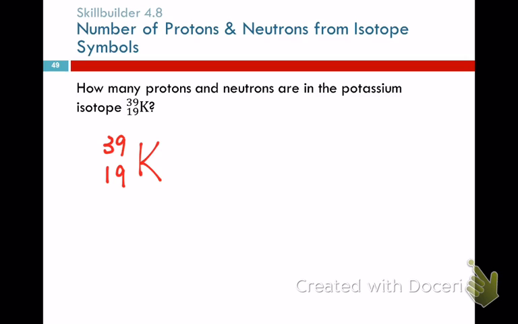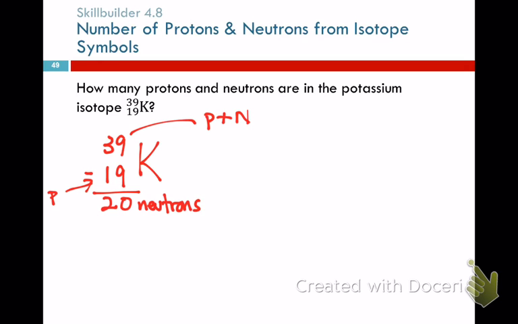Remember, this number is protons plus neutrons, and this number is protons. It's 20. I just use it to do my math. If I subtract the protons from the mass number, this is the number of neutrons.